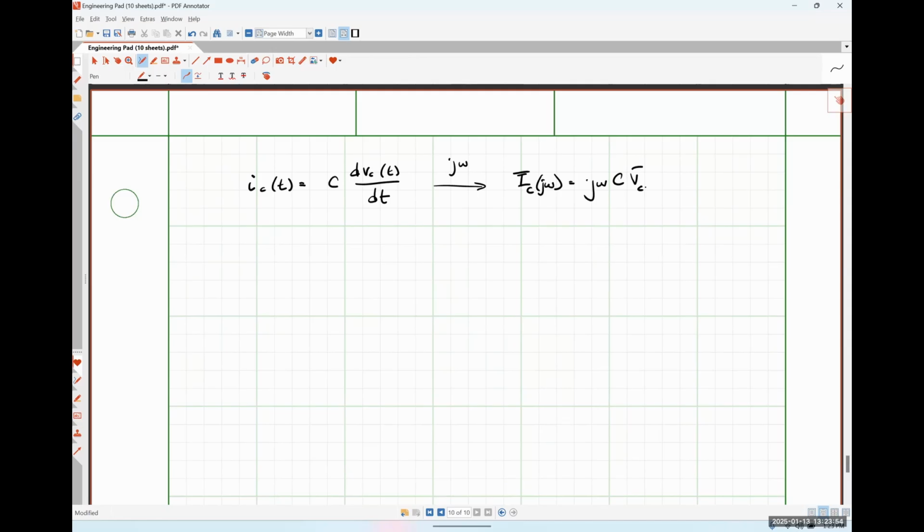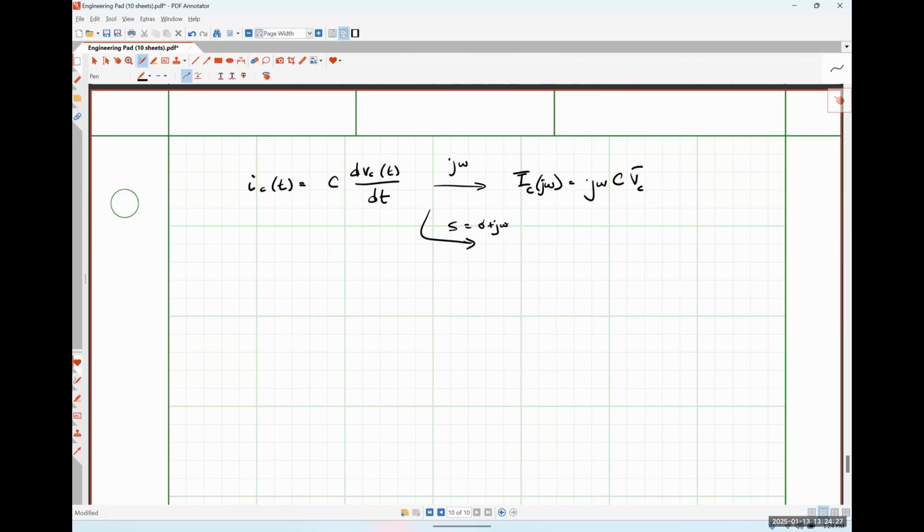So that's how we would look at things in the traditional steady state sinusoidal frequency domain, okay? But we could also instead work in the Laplace domain where S is effectively the same thing as j omega. I hesitate to say it's just equal to j omega because realistically it's equal to sigma plus j omega, where sigma takes into account that our signal strength may decay over time.